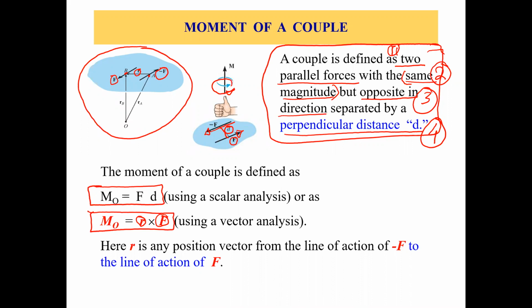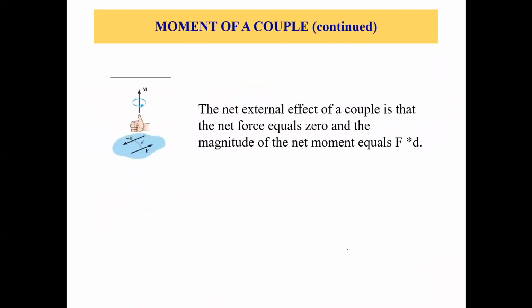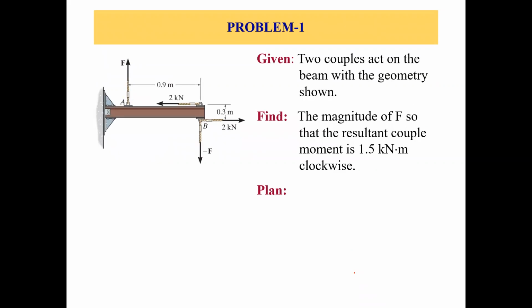So that was some detail about the moment of a couple. The net external effect of a couple is that the net force equals 0 and the magnitude of the net moment equals force times the perpendicular distance. We already discussed this, so no need to worry about it. That was the theory part.